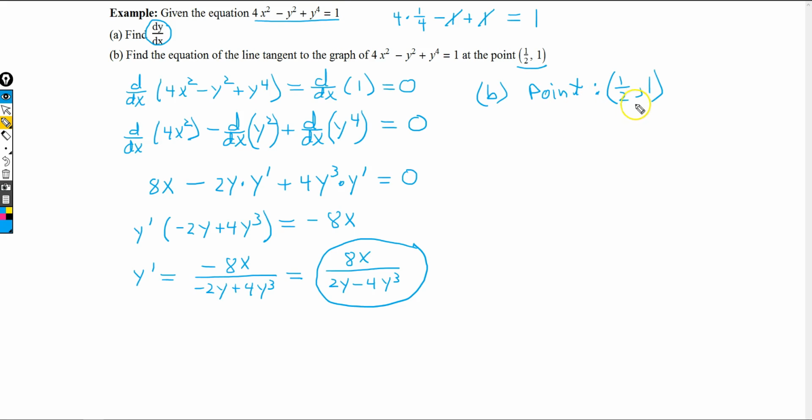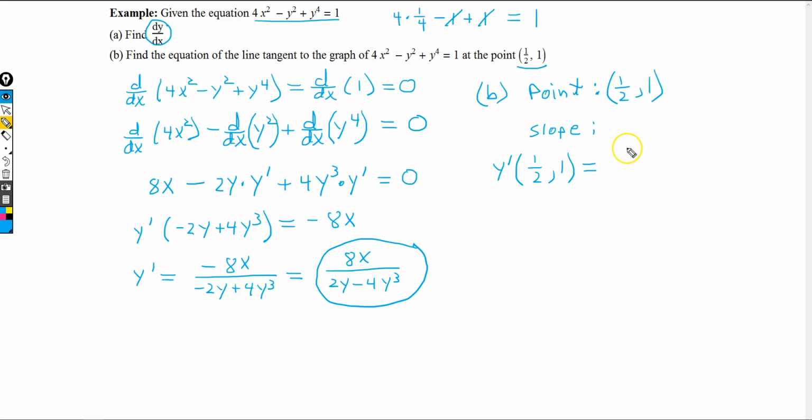So we're given that point. What we need to find then is the slope of the tangent line. Well, to find the slope, we know what the derivative is down here, so we have to evaluate y prime of (1/2, 1). So that means we have to put 1/2 in for x down here and the 1 in for the y's.